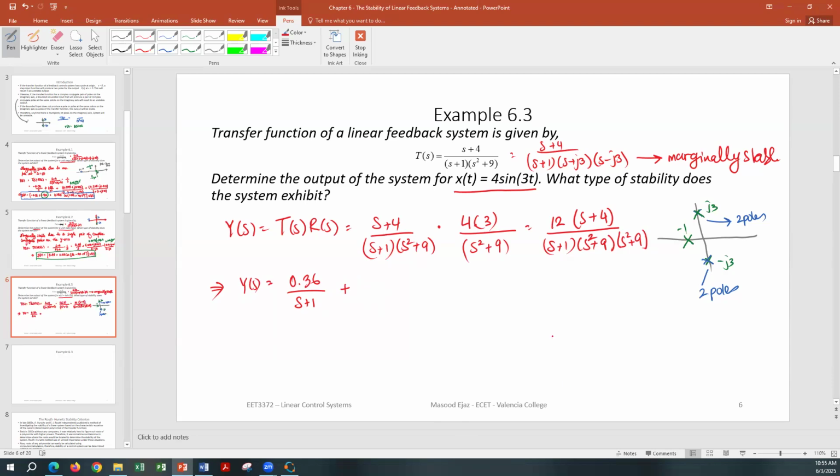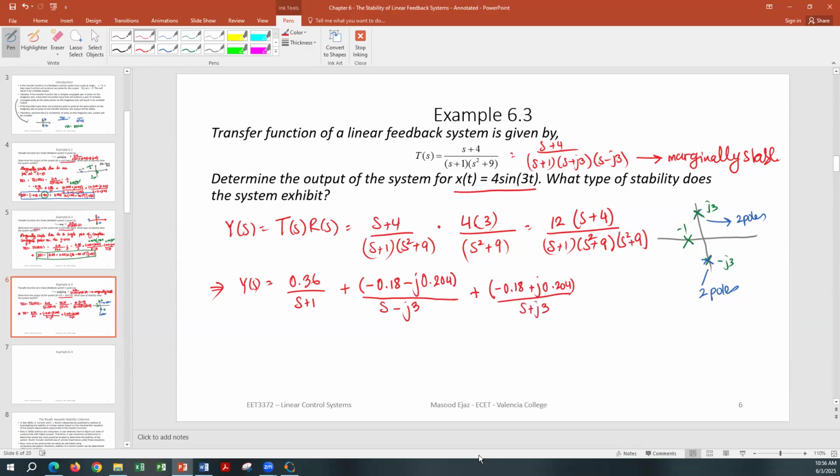So I have, let me just write down this first: negative 0.18 minus j 0.20 over s minus j3, plus negative 0.18 plus j 0.204 over s plus j3.